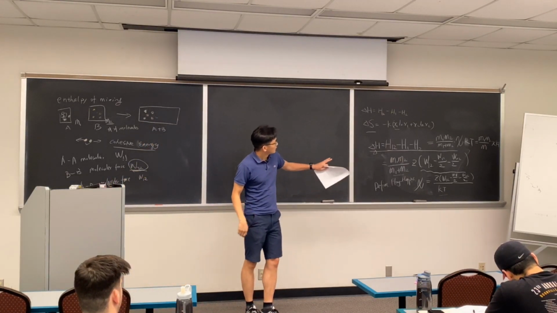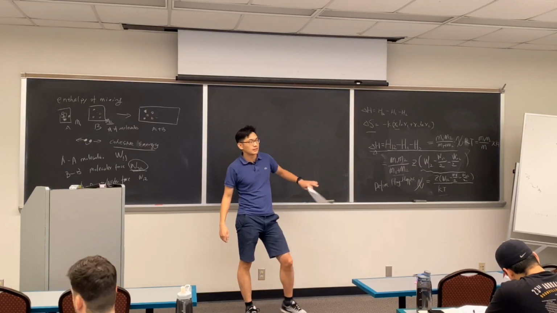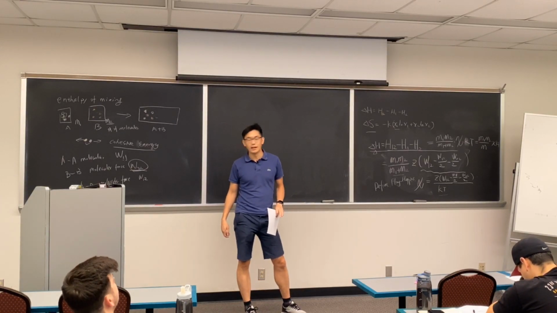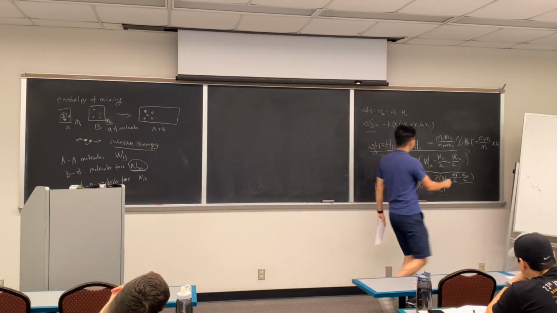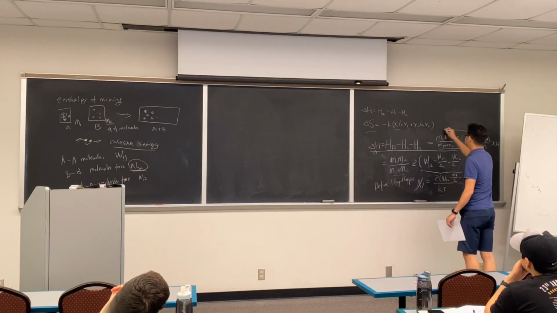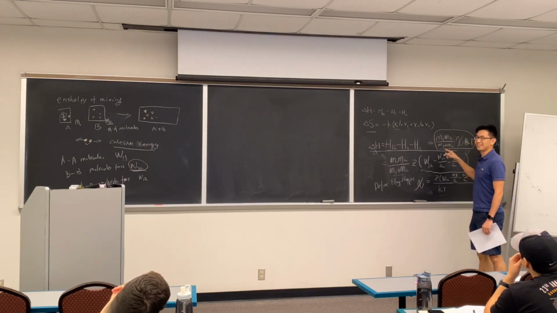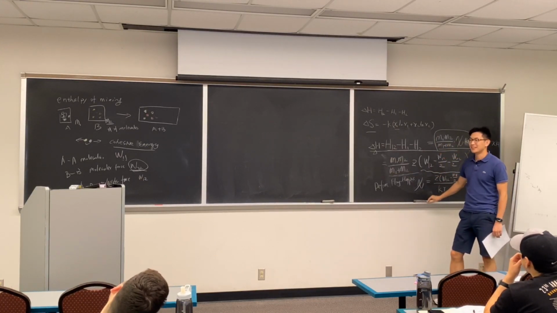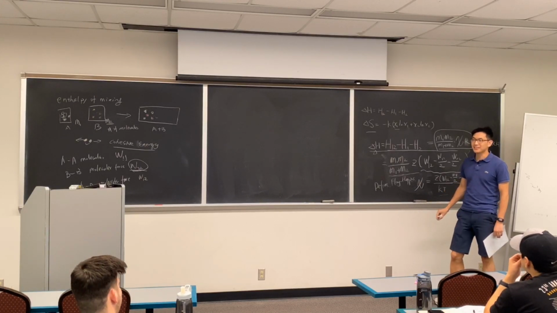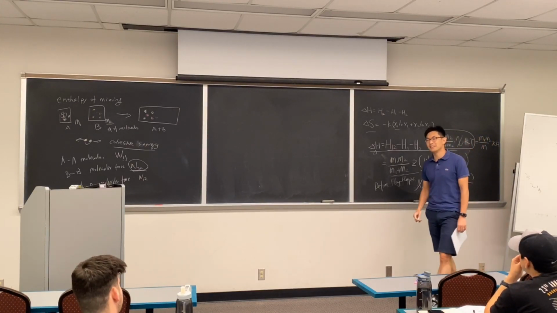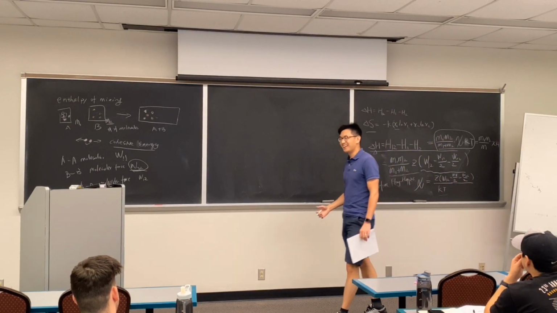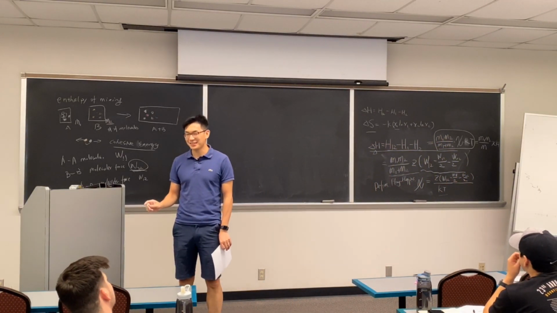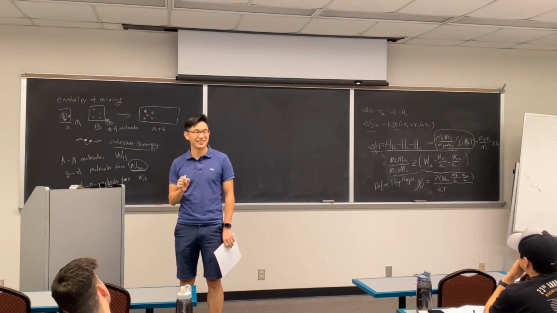Why isn't it just N subscript 1 plus 2? Ah, how do we get this part? Maybe I'll answer after class. No, because I didn't explain it. I said this sentence in the class.